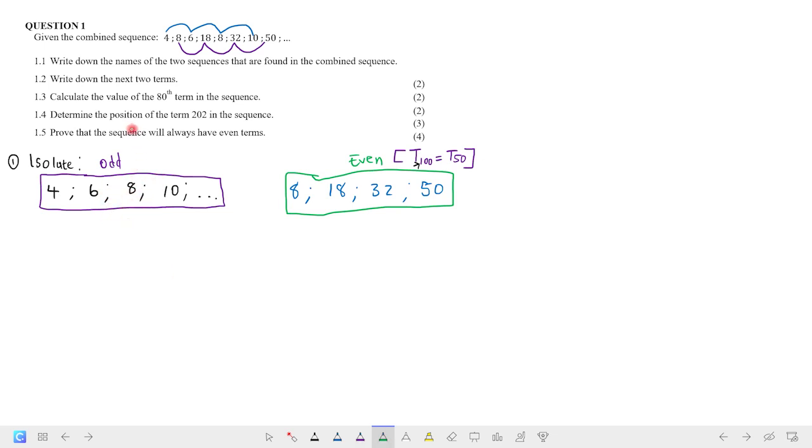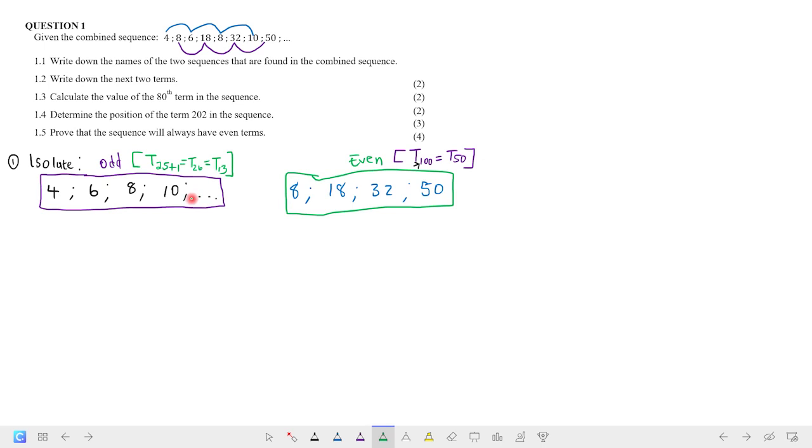So if they want us to find, for example, T25, because it is an odd number and we cannot divide it by 2 to get a natural number, then if in the combined sequence they said term 25, what you're going to do is add 1 to 25, which is 26, and halve it, which is then term 13.